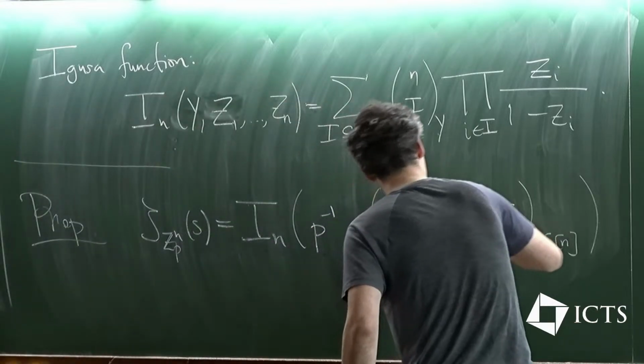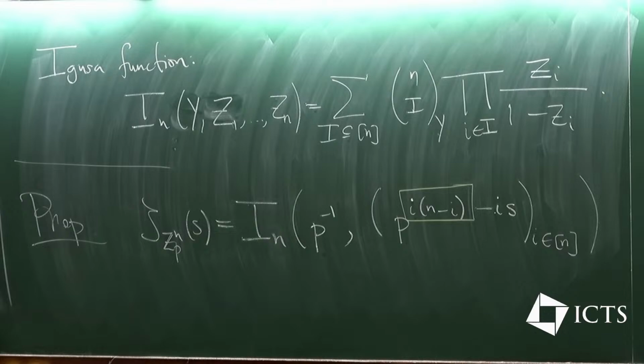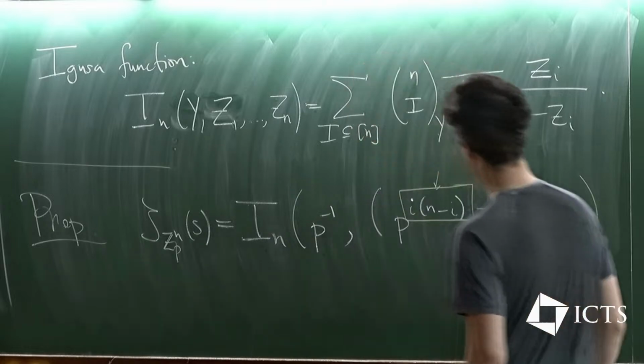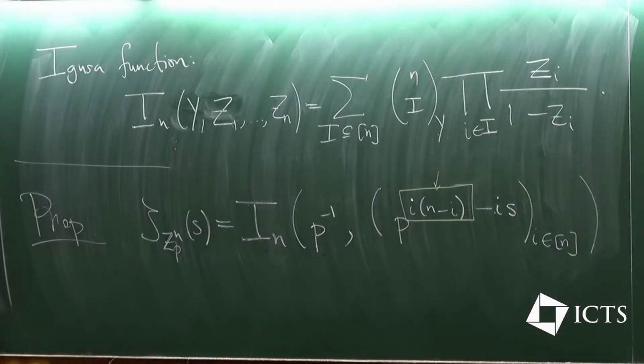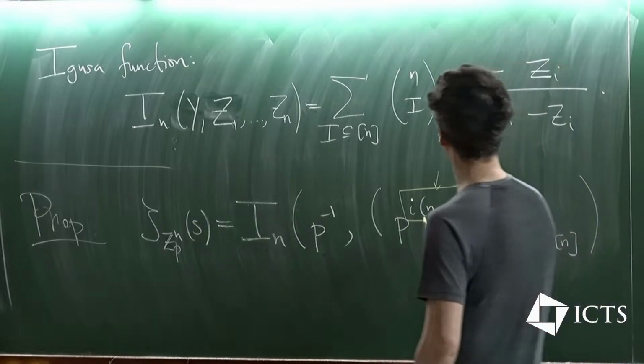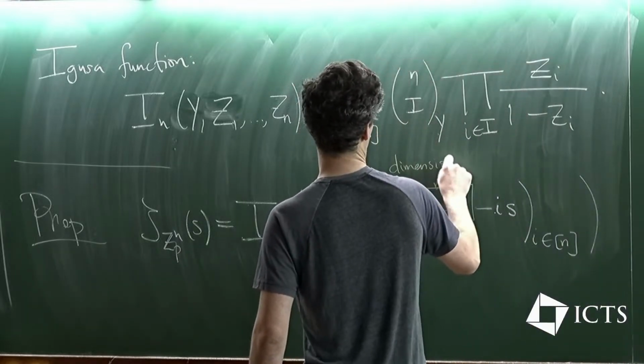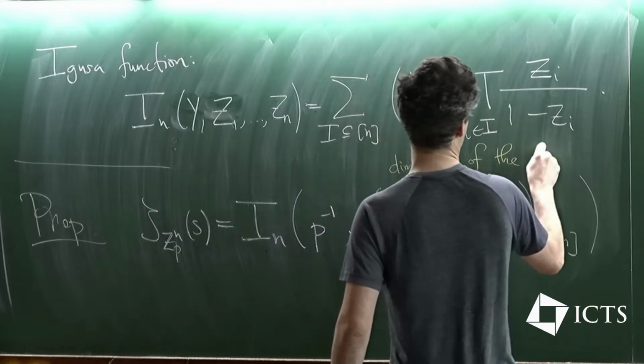And I want you to pay attention to this. I'm going to draw an analogy, not today, unfortunately, but tomorrow, to this. This right here, it's a number. It's I times n minus I. But you could think of this as a dimension of the Grassmannian.